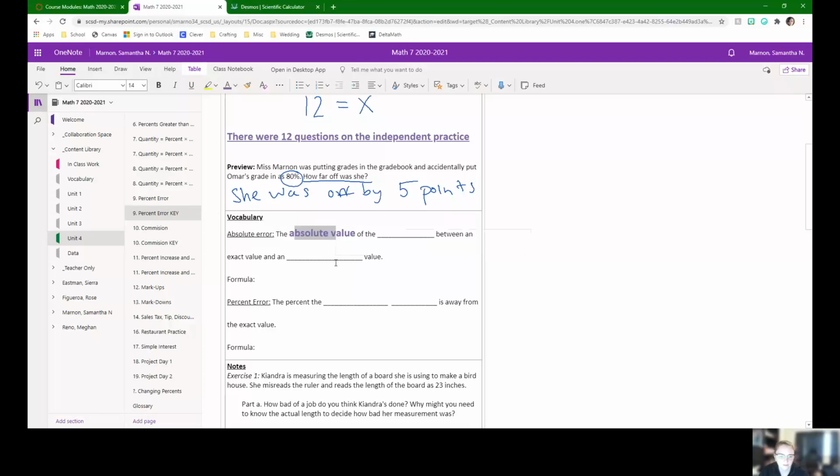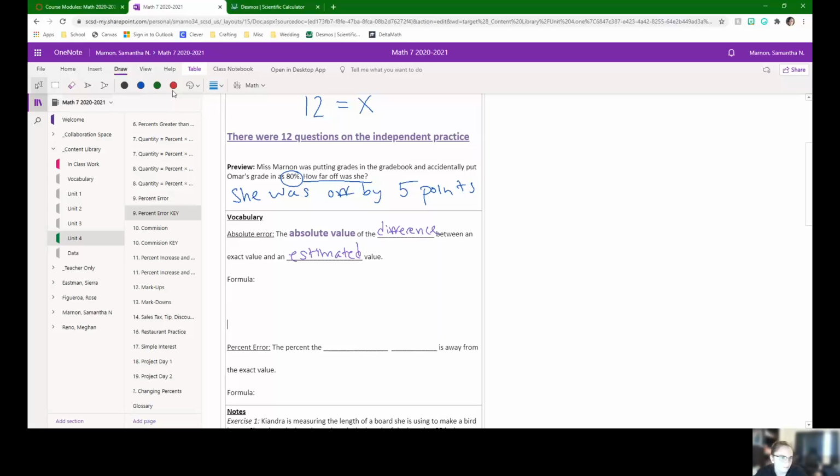Oh, it's not going to let me type there now for some reason. So we will just draw it out. So the absolute value of the difference between an exact value and an estimated value. All we're saying is that we're going to do the absolute value of the actual minus the estimated.